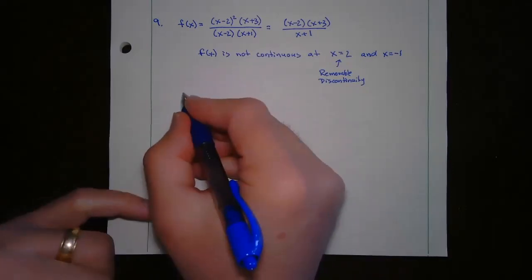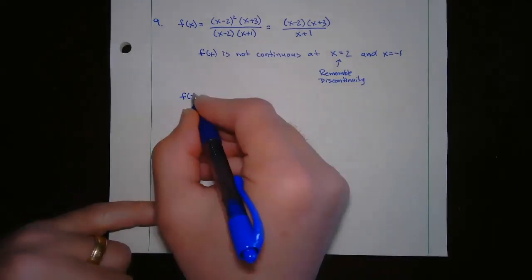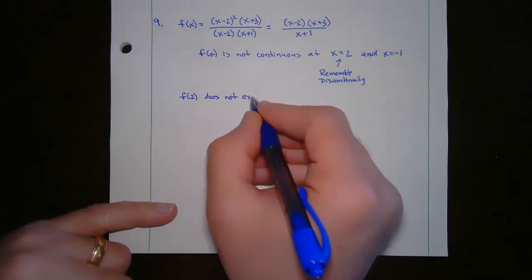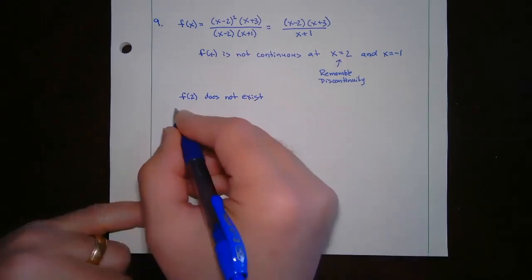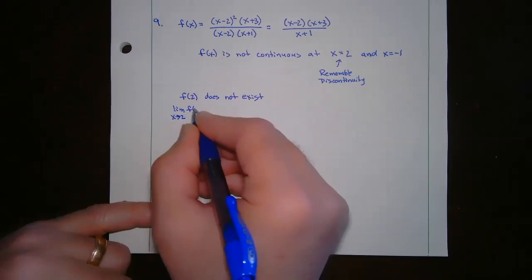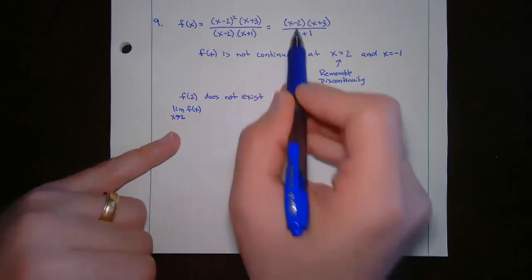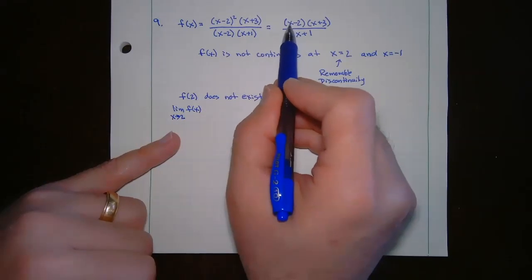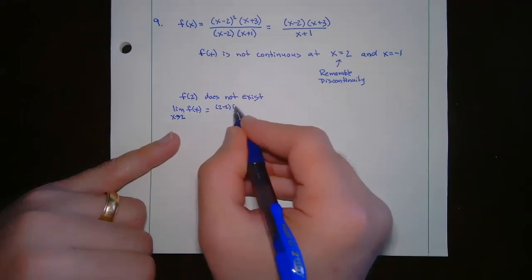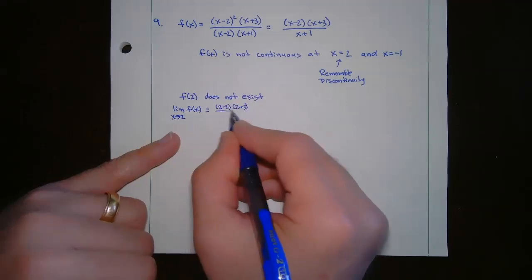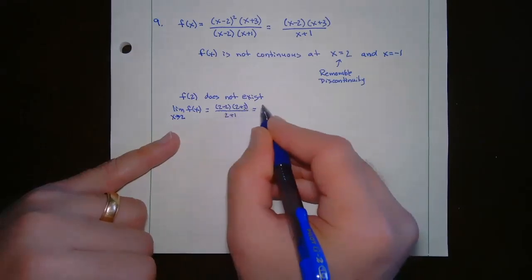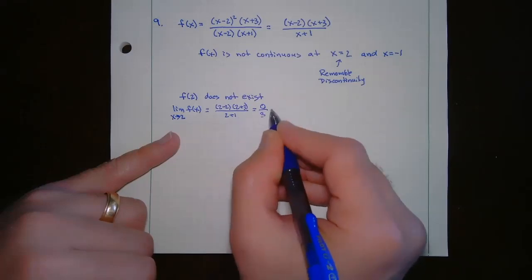So f of 2 does not exist, but the limit as x approaches 2 of f of x we can actually find, because we can put it into this one. So it'd be 2 minus 2 times 2 plus 3 over 2 plus 1. Well, this is going to be 0, which causes the whole numerator to be 0, so 0 over 3, which is 0.